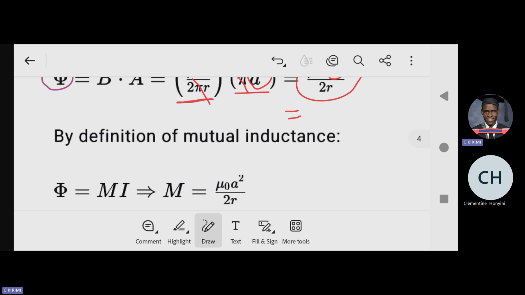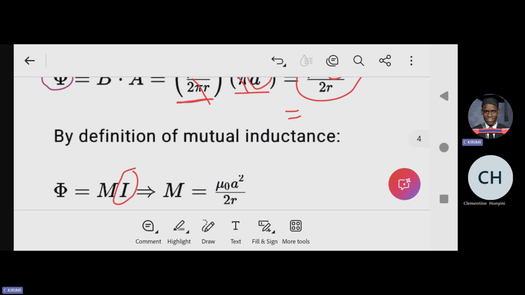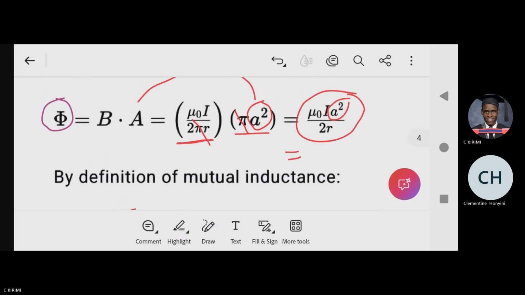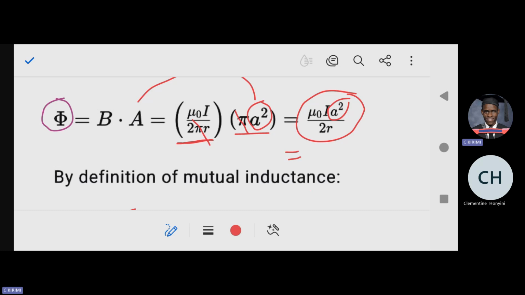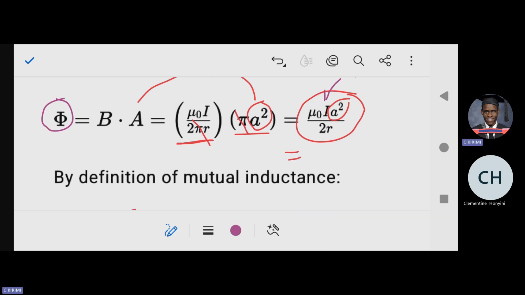What is left out is M, and this was the current. I just removed the current, I, from this formula. From the flux, I separated out that I, which is the current in the wire.